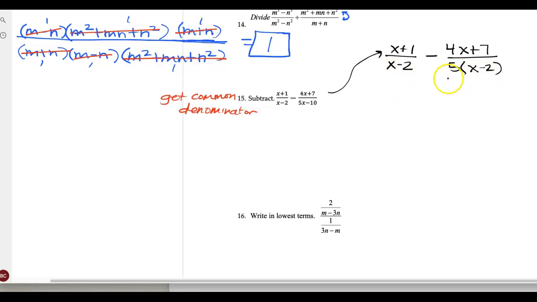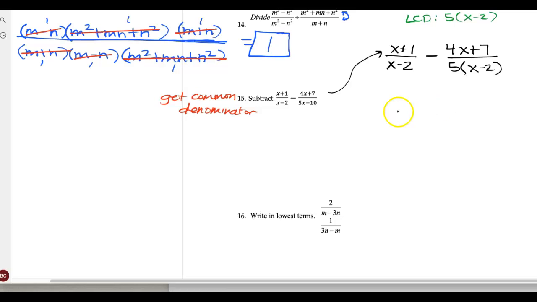When it's in factored form, it's easier to see that I have to have exactly the same thing. This denominator has an x minus 2. This has a 5 times x minus 2. So my LCD on this is going to be 5 times x minus 2.